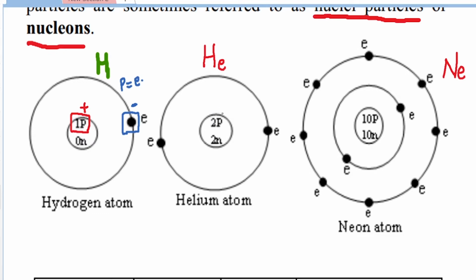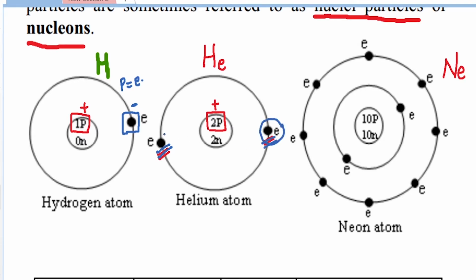Let's go to the helium atom. If you look at the helium atom, it's the same story. It has two protons, meaning that it has two positive charges. And then when you look at the number of electrons, we have 1 and 2. Let me use a different color for that. We have 1 and 2 electrons.